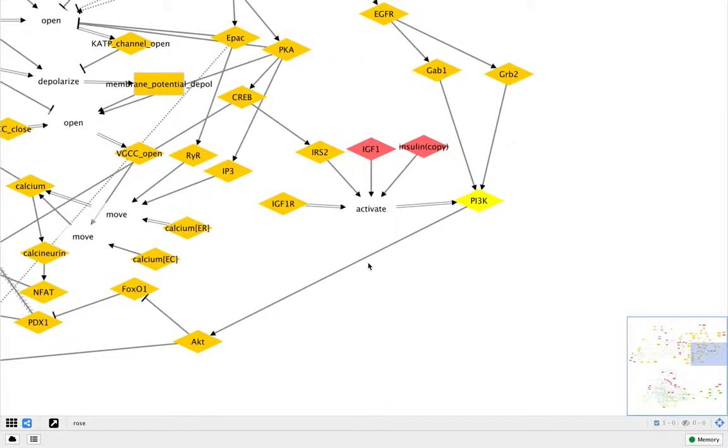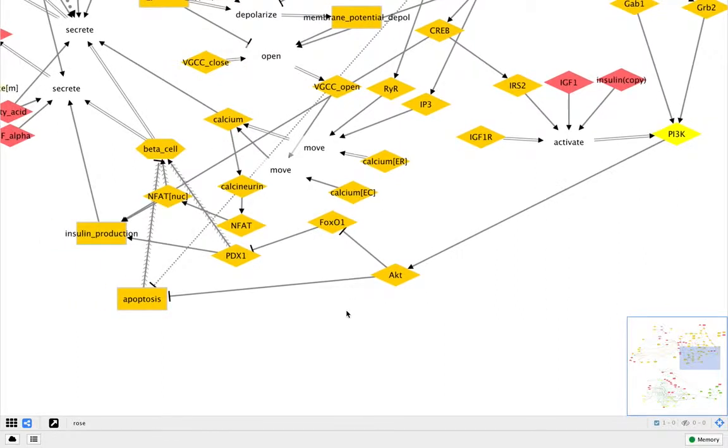And this PI3K activates AKT or PKB, which inhibits FOXO1. Originally, FOXO1 is inhibiting PDX1, which is a powerful proliferating agent for the beta cell. So the inhibition of the inhibitor is activation.